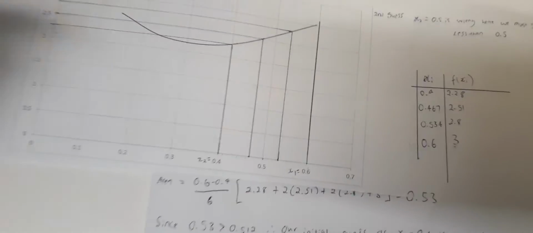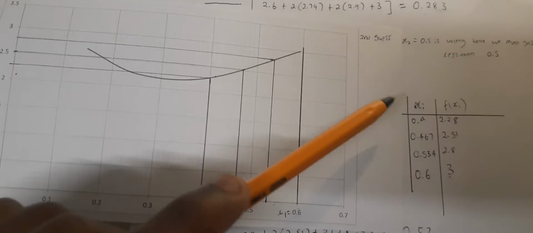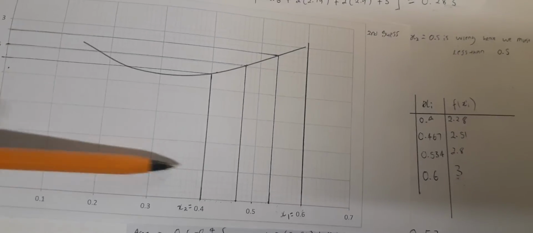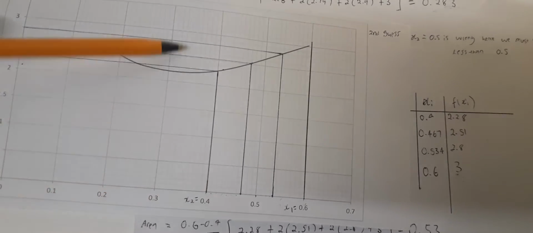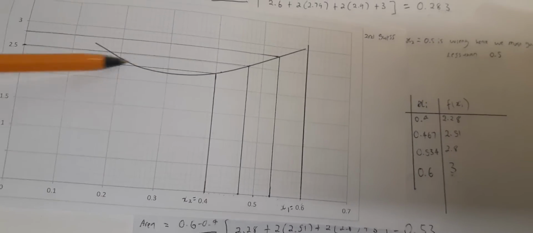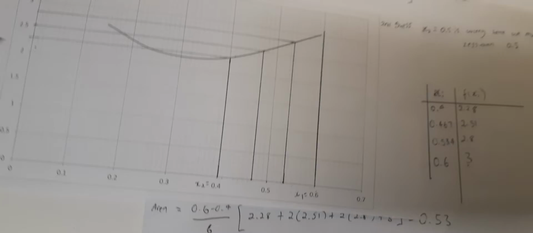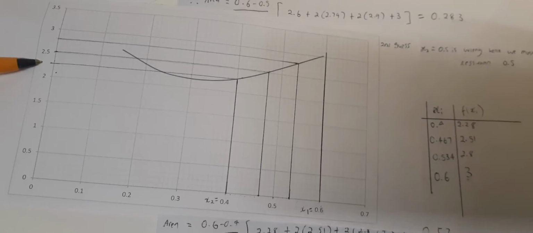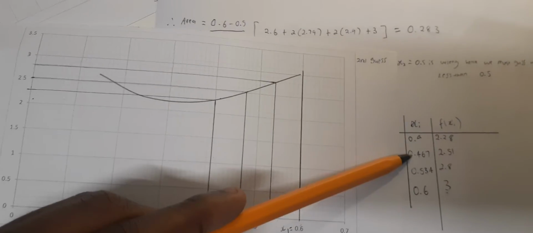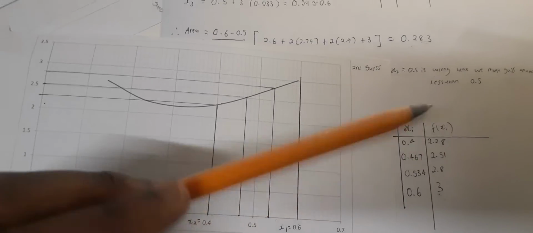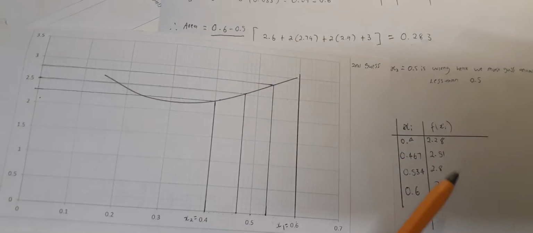So after finding all the x values, we go to our graph. On our graph, we start from the first one, x0, which is 0.4. We just go to 0.4, draw a vertical line, go horizontal, and we find our y-intercept. Then we go to x1 prime, which is 0.467.